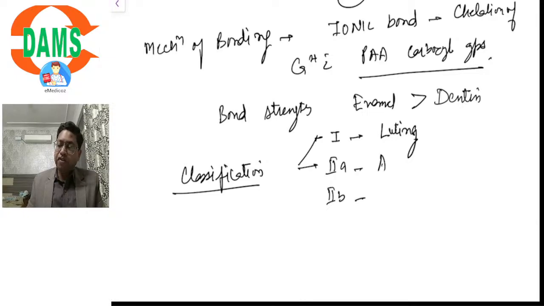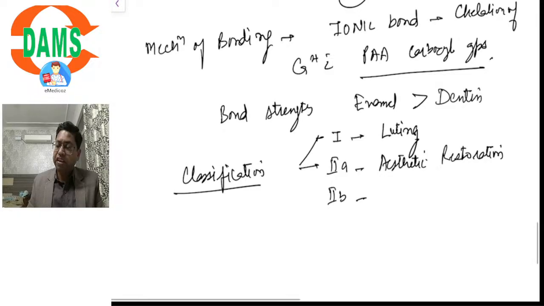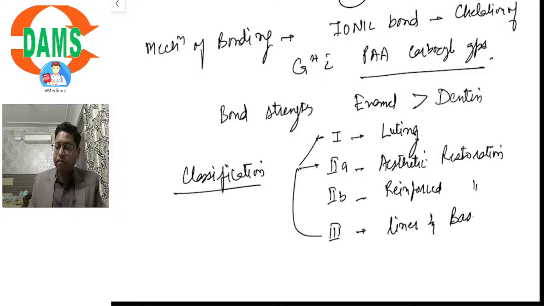Type 2A is for aesthetic restorations, and type 2B is for reinforced restorations. And finally, type 3 GIC is for liner and base applications. These are the three principal types of GICs.